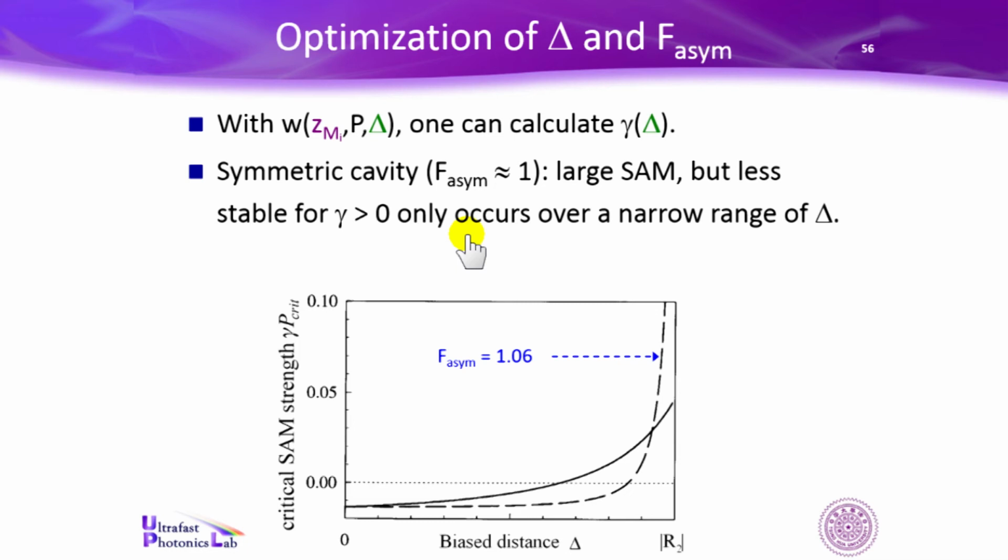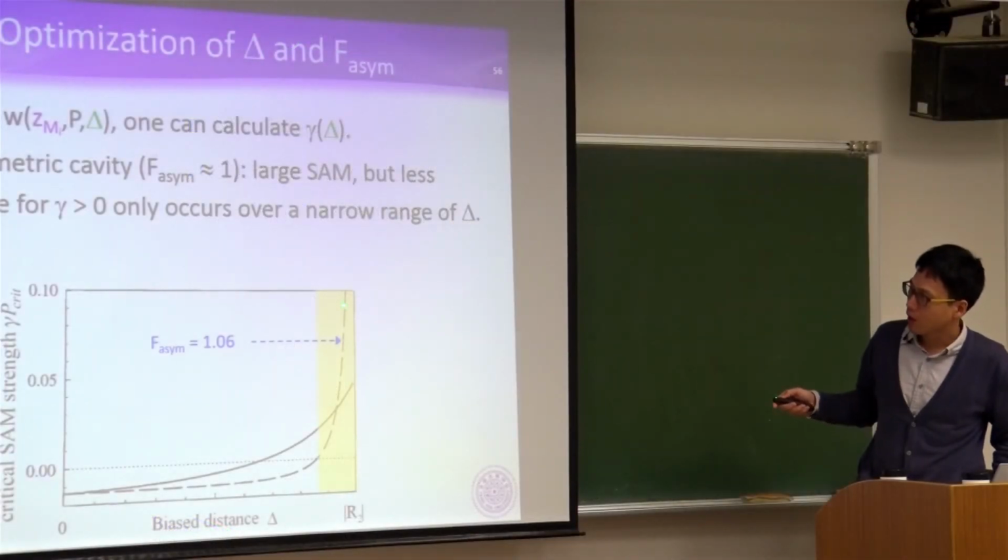Okay? You can have a dashed curve. And the characteristic of the dashed curve is you will have very large SAM coefficient, which is good, right? 这个虚线对应的垂直坐标很大嘛，就代表它有很大的 SAM 系数。但是它也有缺点，less stable, for positive gamma only occurs over a narrow range of delta. So it's like this.